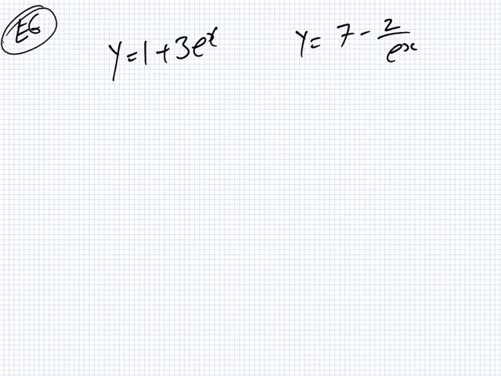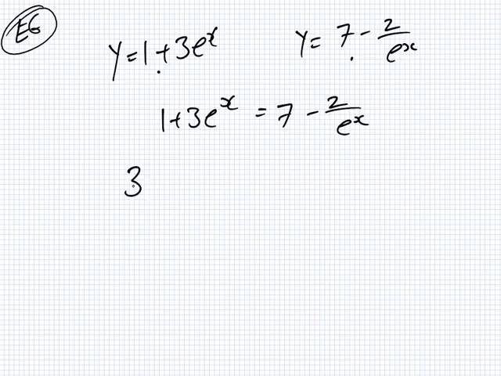Log. No, I haven't done that yet. Not that today. Substitute. Yeah. This equals y and this equals y. So we can say 1 plus 3e^x equals 7 minus 2 over e^x.